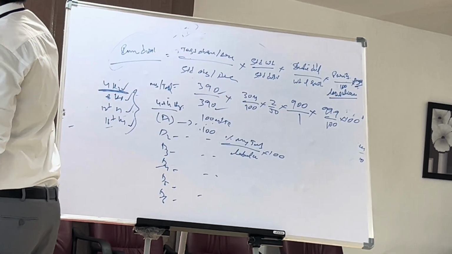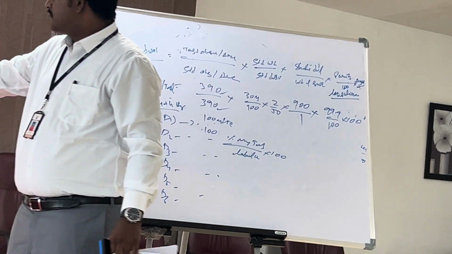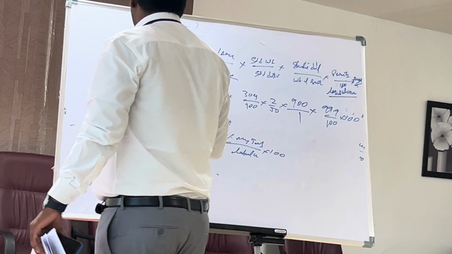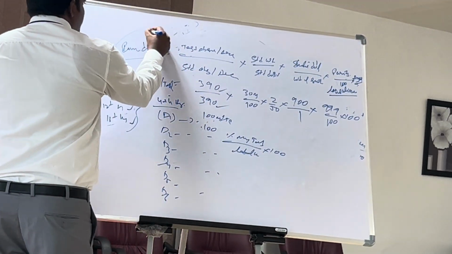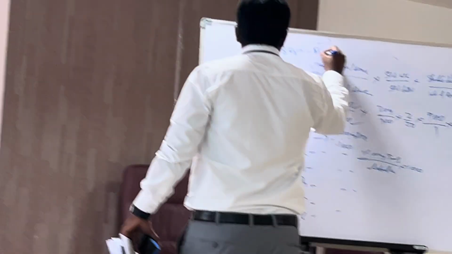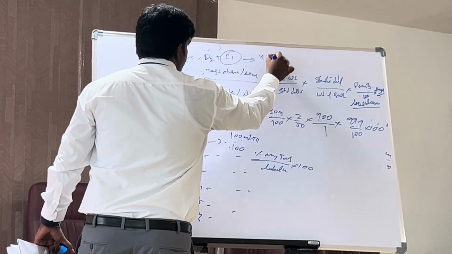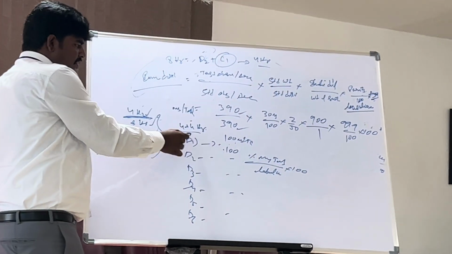So here, where is the drug release? A correction factor will be applied for the next hour. For example, for the 8th hour, the correction is D2 plus C1. Here C1 means the correction factor of the 4th hour, whatever the value you are getting in the 4th hour.